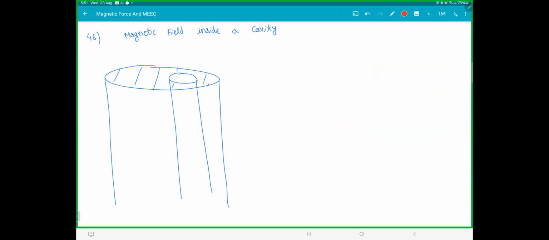Rho by 3 epsilon O dash, right, Ishan? Rho by 3 epsilon O O dash, where O is the center of the big sphere and O dash is the center of the cavity. So this is O, this is O dash.